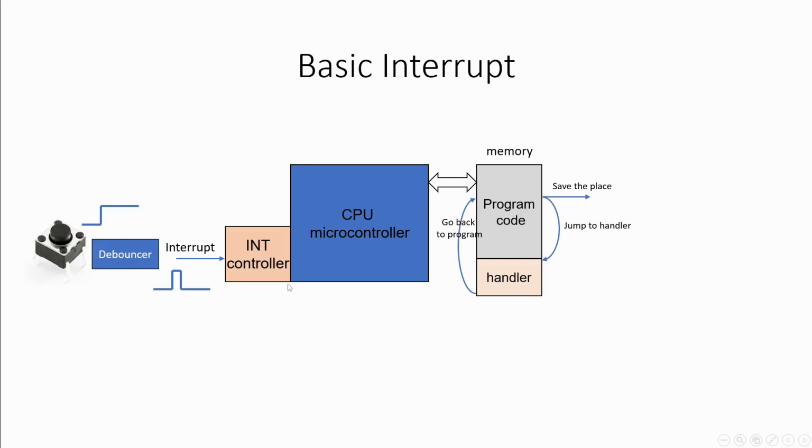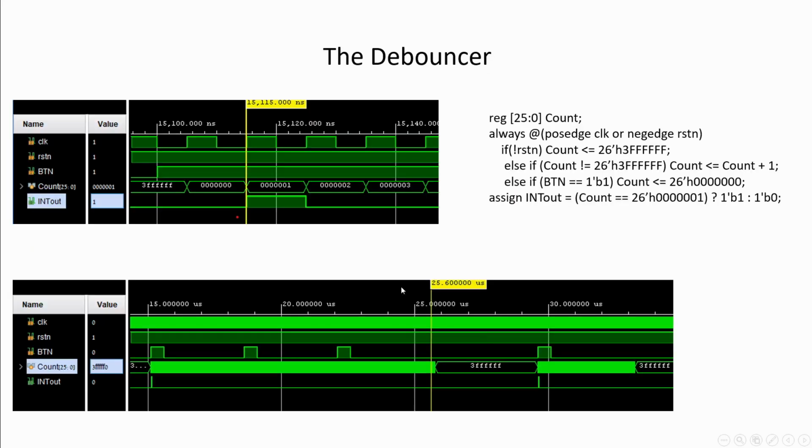The debouncer is just an edge detector which detects the rising of the push button press, and then it blocks the push button for 26 bits of counter, which will last a little more than half a second. So the one push is transferred, and then it's blocked for half a second, and after half a second we can generate another interrupt.